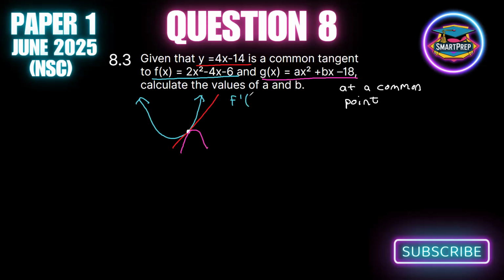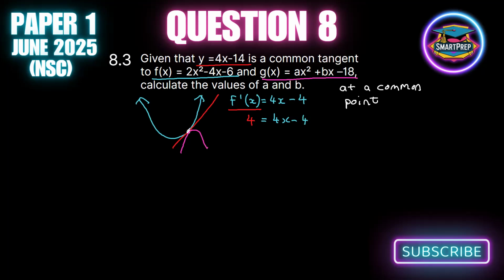And so we're going to find out where on this function the slope is 4. So f dash of x is equal to 4x minus 4. And what we can do then is sub in 4 because we know that the slope is equal to 4. So this f dash of x is equal to 4 from the tangent. And once we do that, we can solve for x, and we will then have a point.